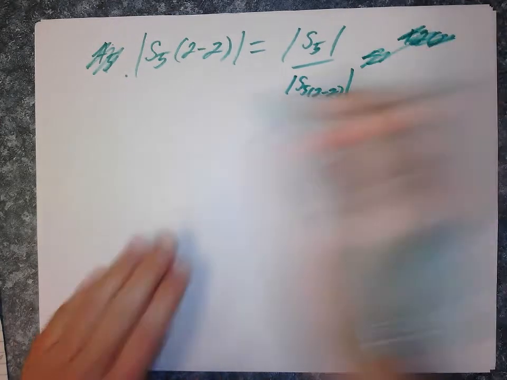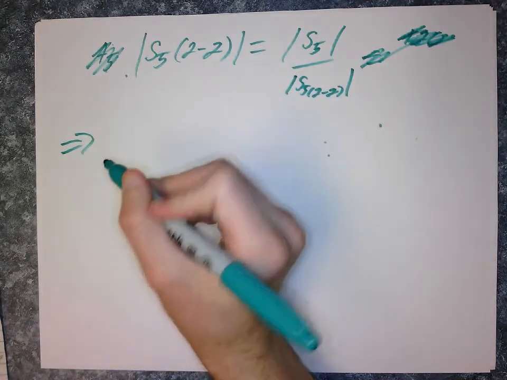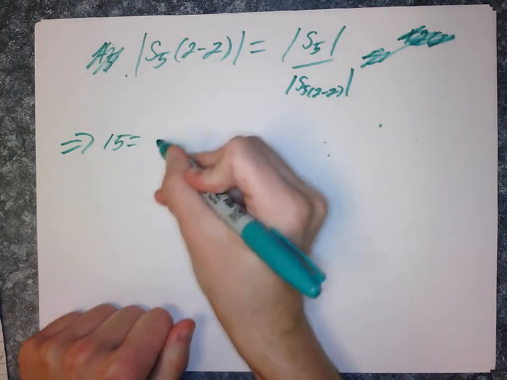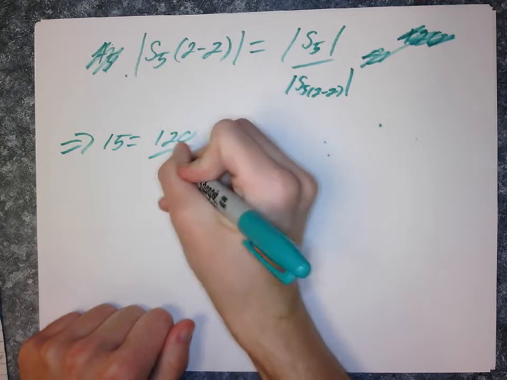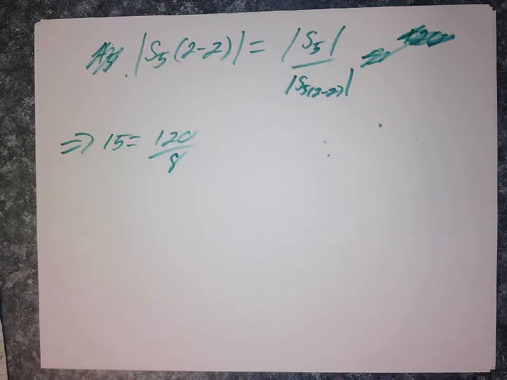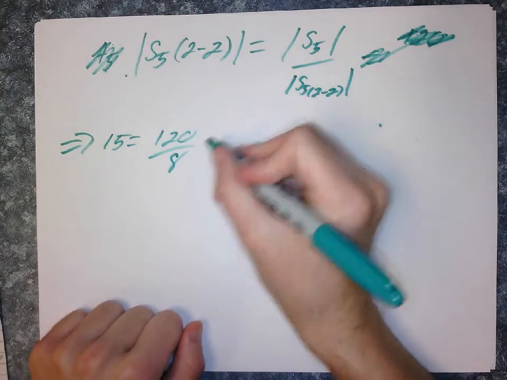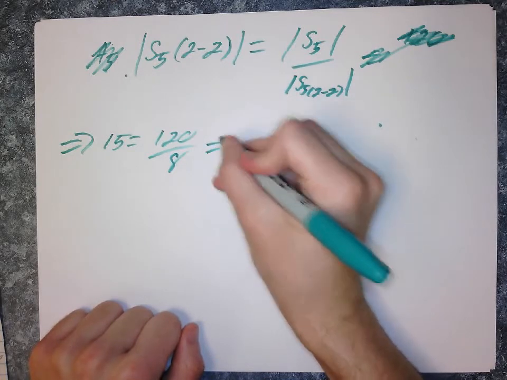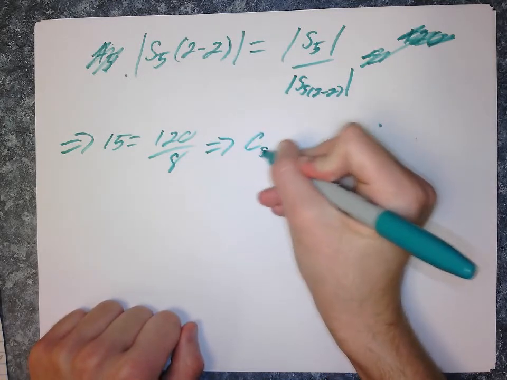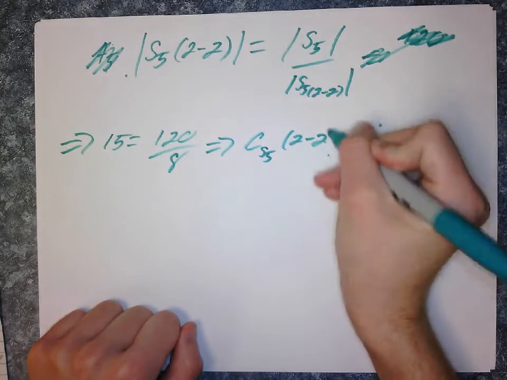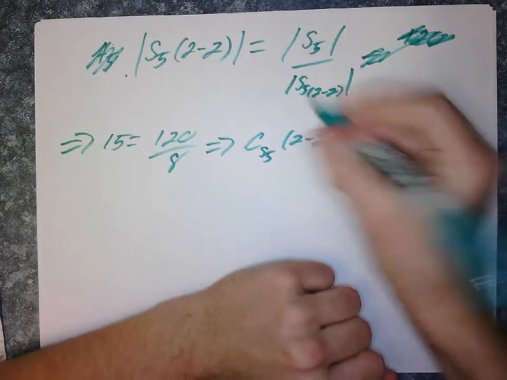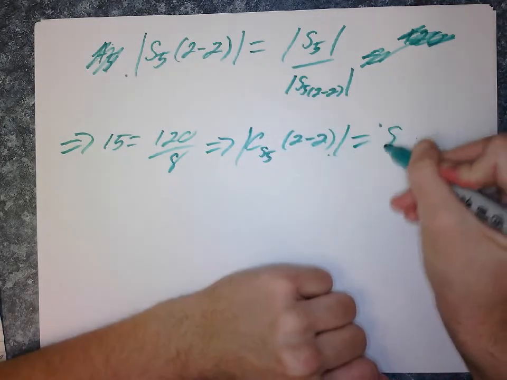Actually, that's not the best way to write this. Sorry. So it's going to be 15 equals 120 over a number. But that has to be 8. So we know then that the centralizer in S5 of the 2-2 cycles, that order will be 8.